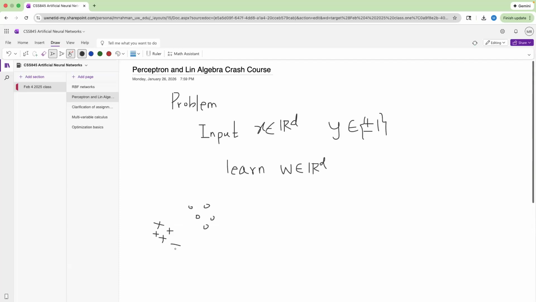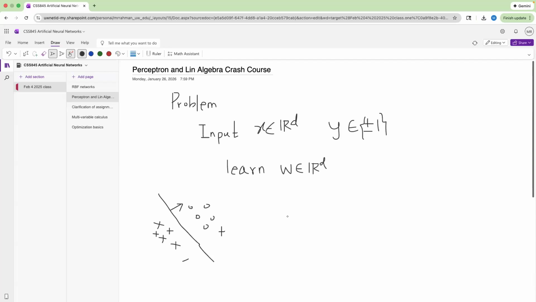You can think of these as images of cats and dogs, and you want a rule that says that if I have a new cat or dog image, I'm going to use this rule to decide whether it's a cat or a dog. When we learn this W, it represents a hyperplane, and this could be the positive side of the hyperplane, and this is the negative side.